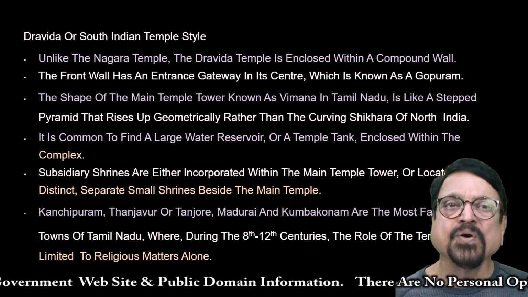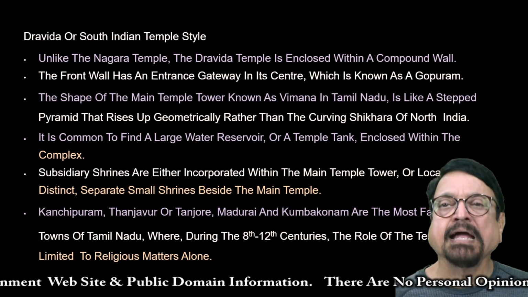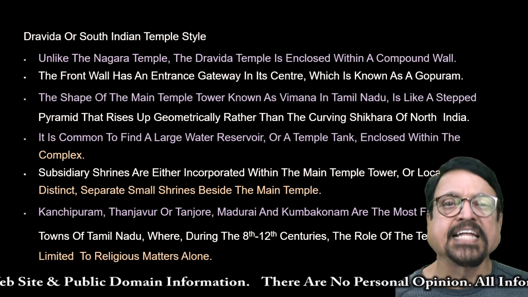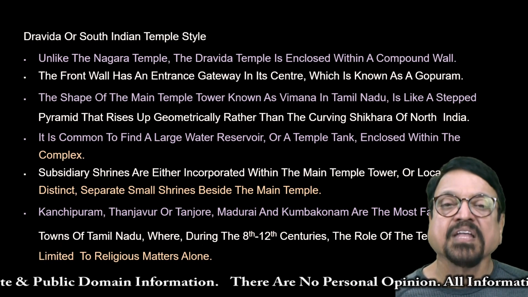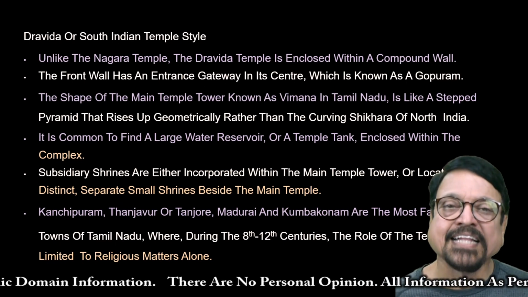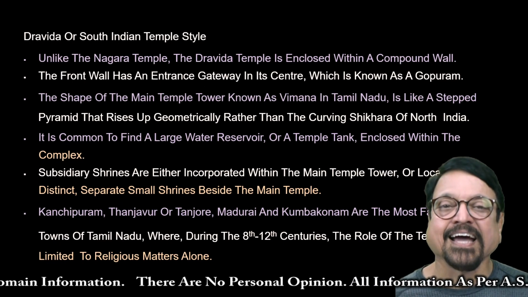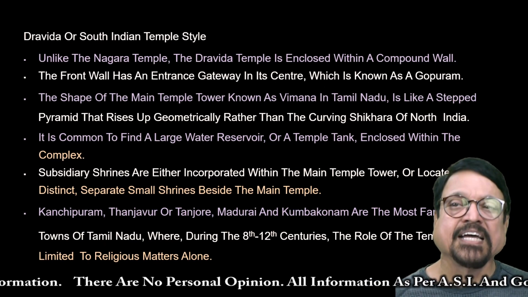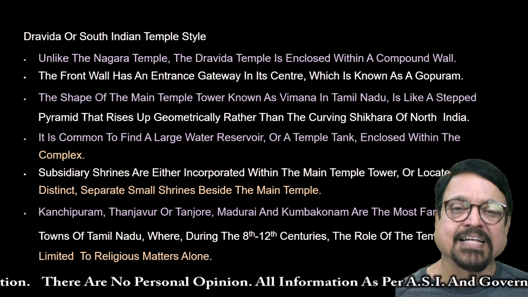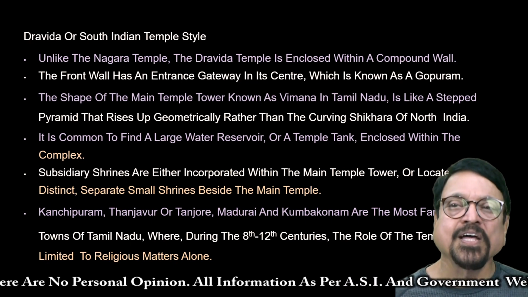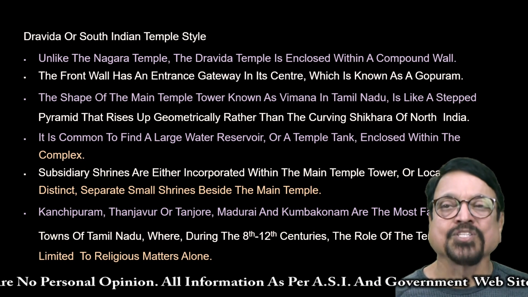In Tamil Nadu, it is like a pyramid or a stepped pyramid that rises up geometrically rather than curving. Curving you see in case of Shikhara, that is North Indian. Rekha Nagara is one type of it. Geometrically with steps like a pyramid, going high, becoming smaller and smaller, you see in Dravidian or South Indian.